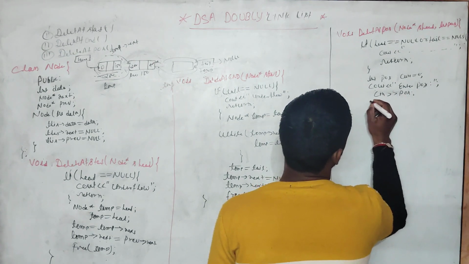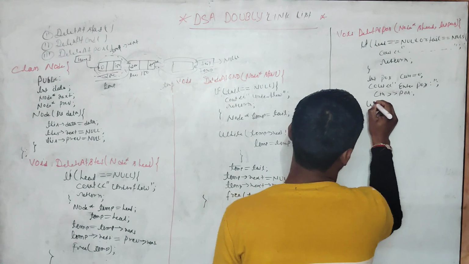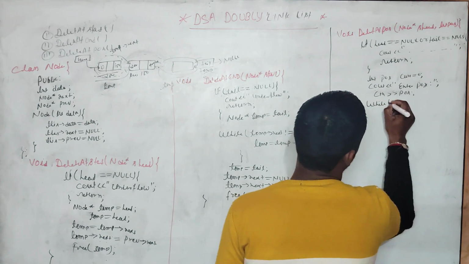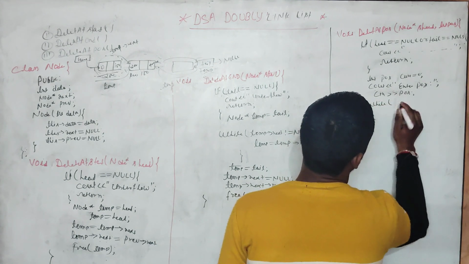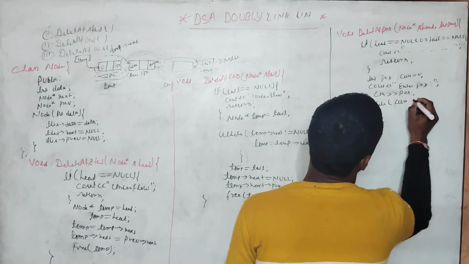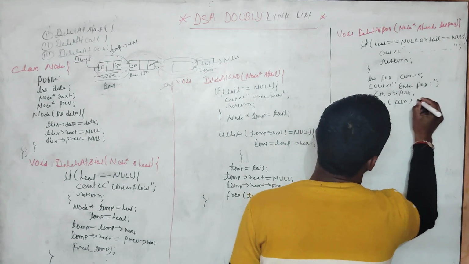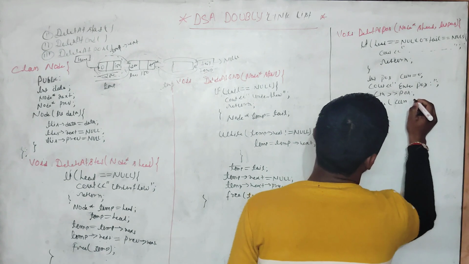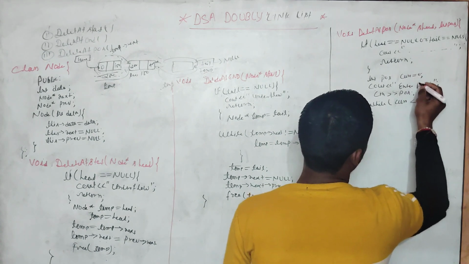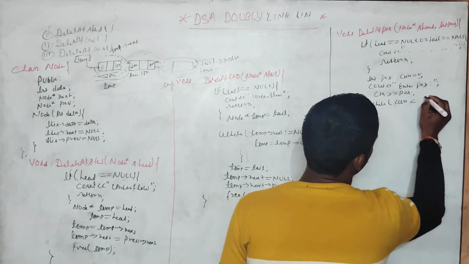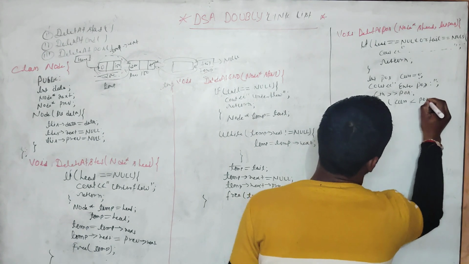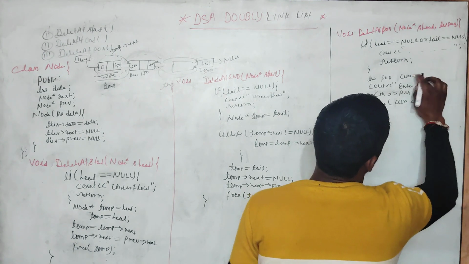Then what I will do here, I'm just taking one loop: while current. If current will start with 0, then we will take only less than position.